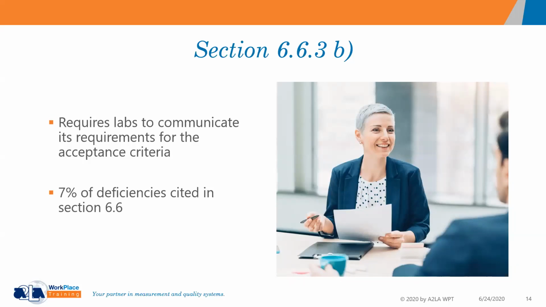So it's a best practice to have that record, but the standard doesn't require it. A lot of the time we'll see this cited by an assessor, and it's not really a valid deficiency, because there is no requirement for a procedure and no requirement for a record. It makes up 7% of the deficiencies cited in 6.6, but the majority of these deficiencies are actually invalid.